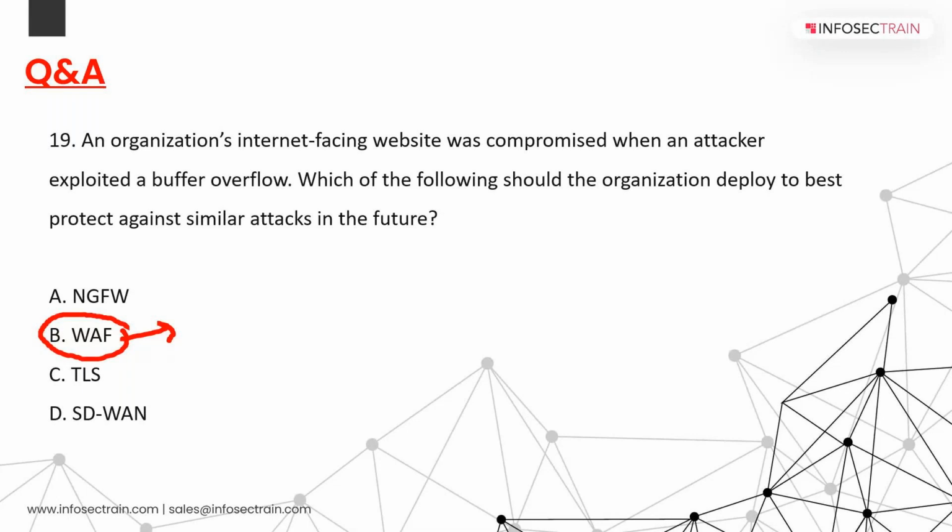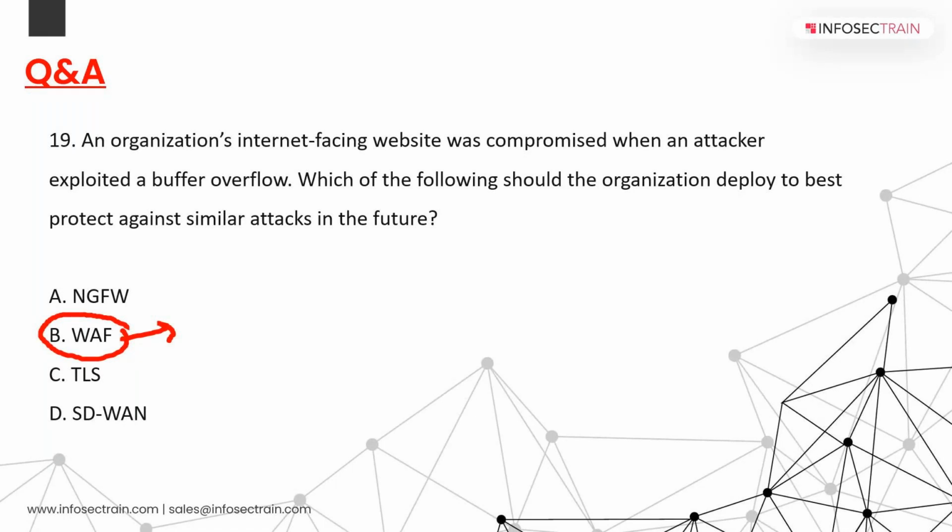Then we have the SSL/TLS certificate. This is for the authentication part. Every website would have this SSL/TLS certificate. And then there is SD-WAN, software-defined WAN, a technology that simplifies the management of the WAN.